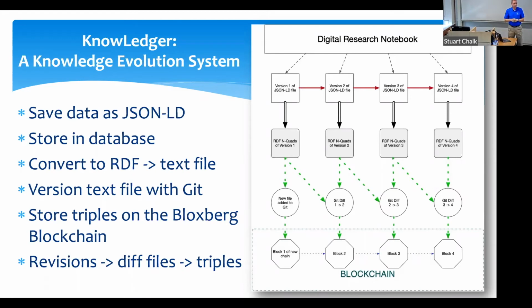Then we put that in a folder that is versioned by Git, and that data in triples is then put onto the blockchain as the first block of a chain relative to the evolution of this specific file.